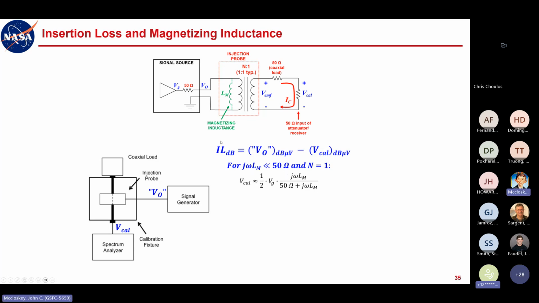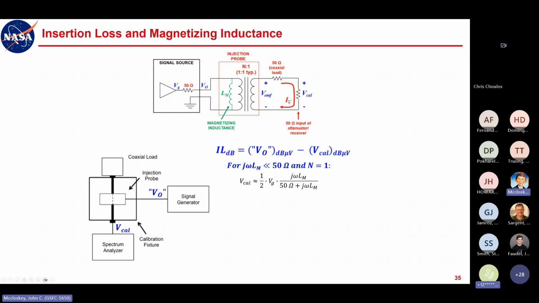For low frequencies, when that magnetizing inductance, that inductive reactance, is much less than 50 ohms, then for VCal, well, first we'll just look at the EMF. It's going to be the voltage divider formed by the inductive reactance with the 50 ohm source impedance. That's what you have here, multiplied by VG, again, VG, not VO.